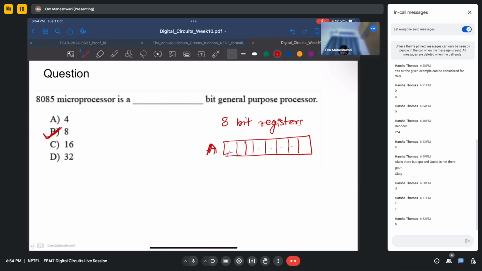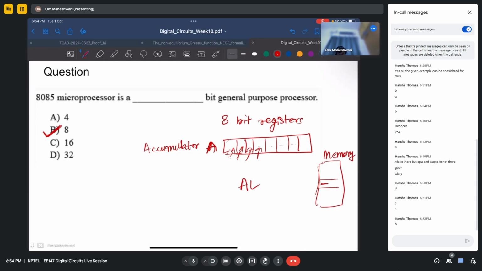The main register near the ALU is the accumulator. Whenever you perform an operation in the ALU, its output always goes to the accumulator. From there, you can copy or paste it anywhere. Whenever you bring some data from the memory, it first goes to the accumulator, then from the accumulator it can go to the ALU. The same thing happens in the output also.